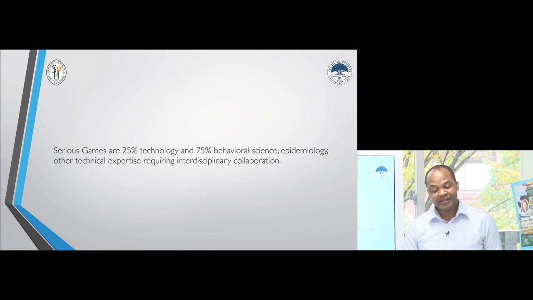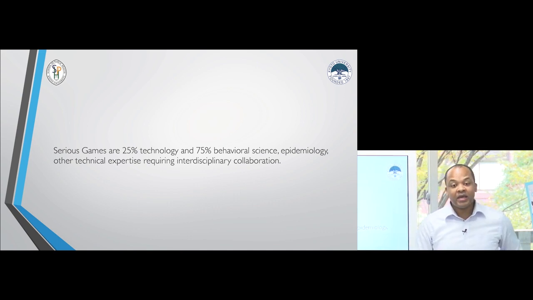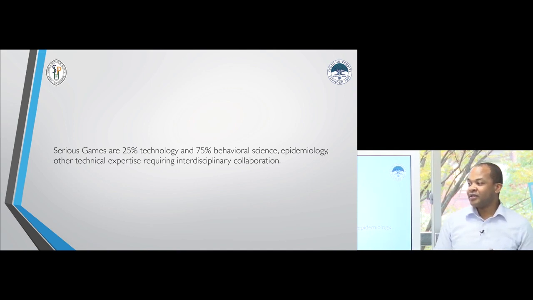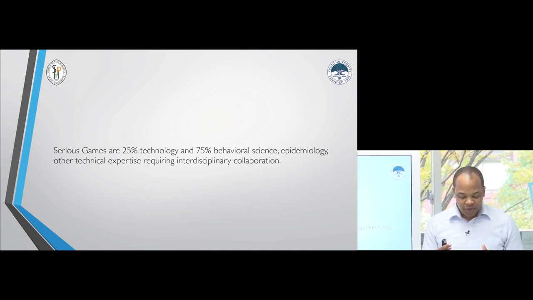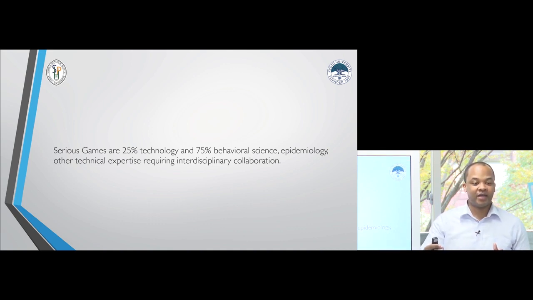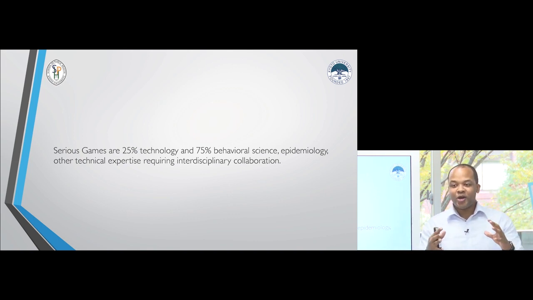The rest, the 75%, is where behavioral science comes in, where epidemiology comes in, where other technical expertise comes in. As you can imagine, you need to collaborate with many different experts. So this class will help you find a way to bring all the other experts together in collaborating, in designing and developing a serious game.